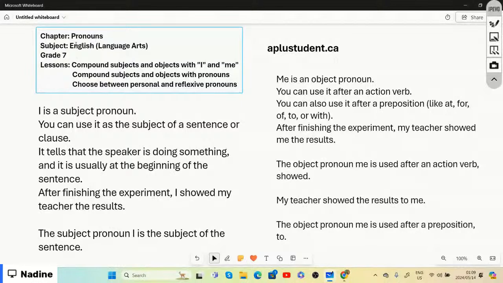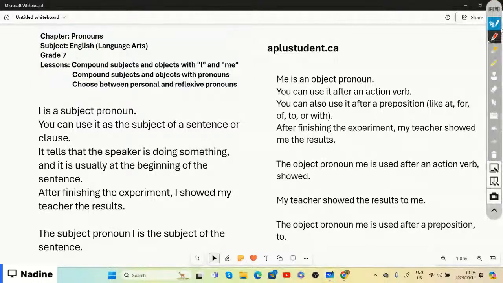All right. An example of the subject pronoun is: after the experiment, I showed my teacher the results. So once again, this I right over here is the subject of the sentence.